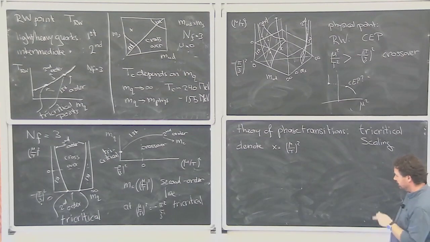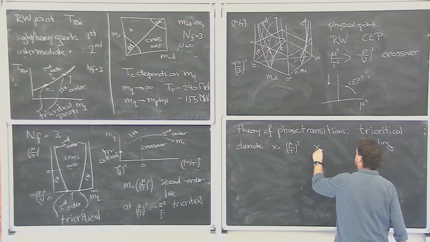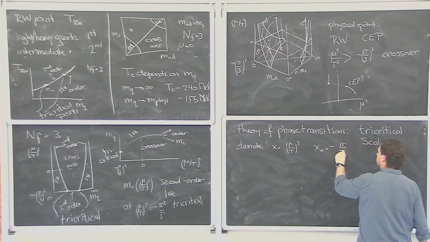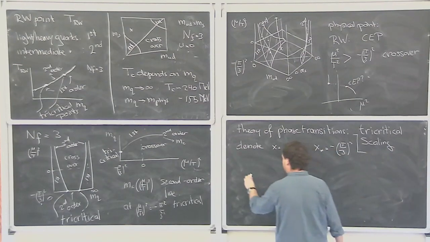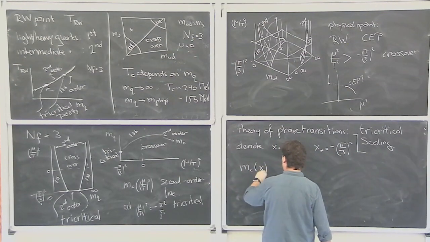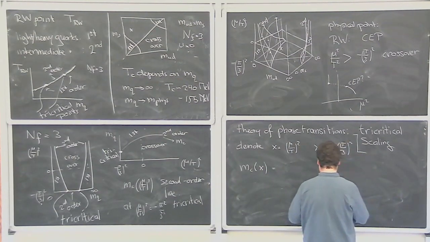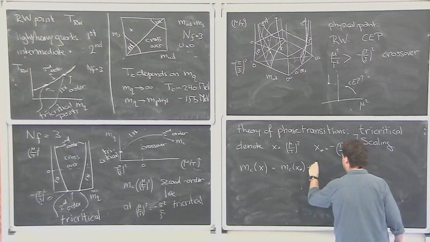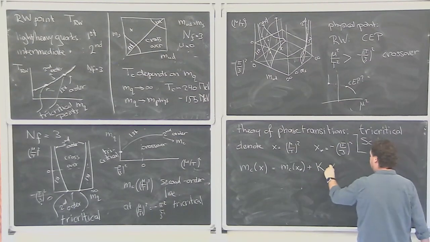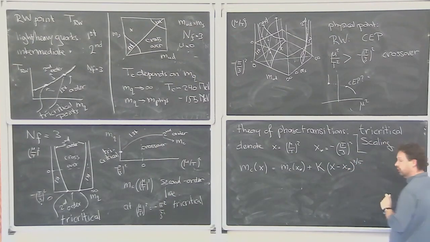And the tricritical point is at this special value, minus pi over 3 squared. So I'm going to call that x star, which is minus pi over 3 squared. Then tricritical scaling tells you that this function, as a function of mu squared, so as a function of x, should scale with a certain power, namely, it's the value at the tricritical point, and then in the vicinity of the tricritical point, it will behave as x minus x star to the power 2 over 5.